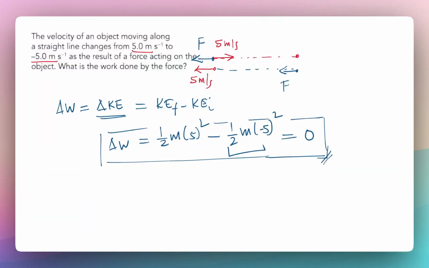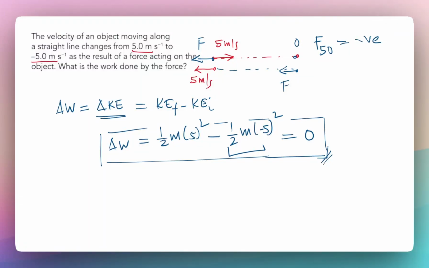So first thing first, you must think that because the force is acting on the body, it must have done some work to stop it, right? So that work done when it's trying to stop the object to the zero velocity, the force must have done some work, right? So the force does some work from positive 5 to 0, right? And this time, because the force is acting in an opposite direction to the velocity, it is going to be a negative work, okay?